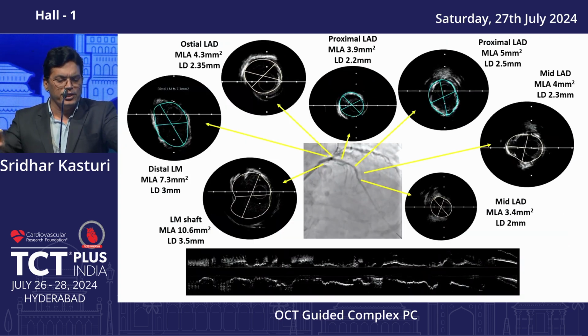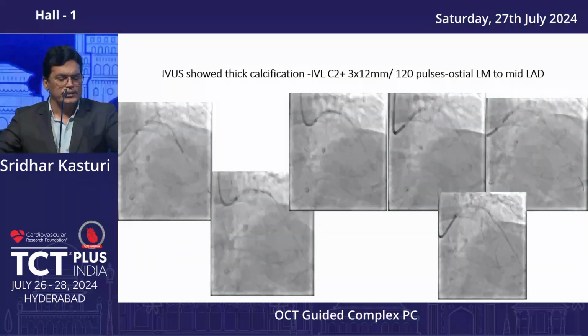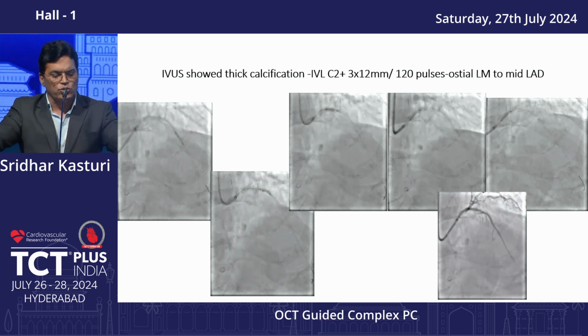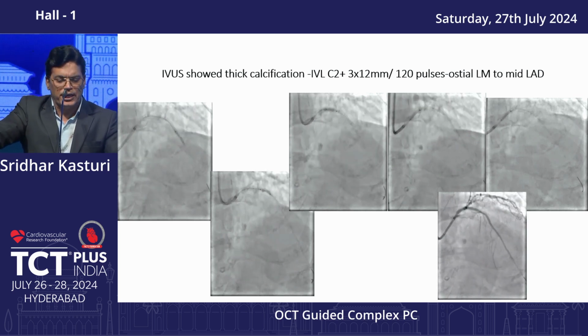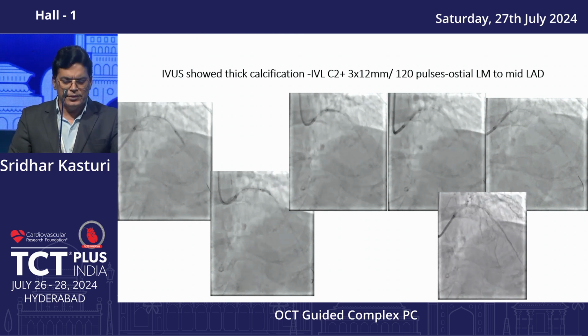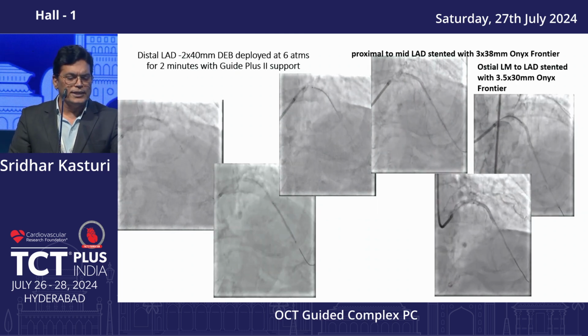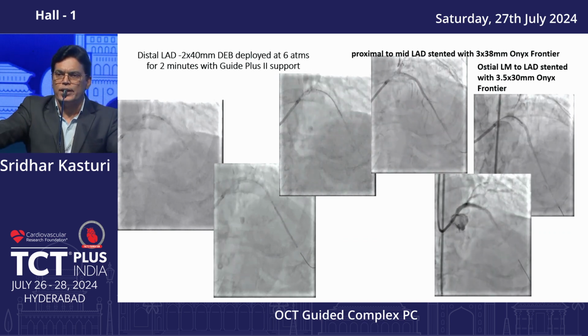So then what we thought, this is the post-rota analysis. The IVUS study showed thick calcification. Then we used the IVL C2 plus, 120 pulses were delivered to the entire LAD. So this is subsequently distal LAD. We used it because distally the vessel is very small, tapered.